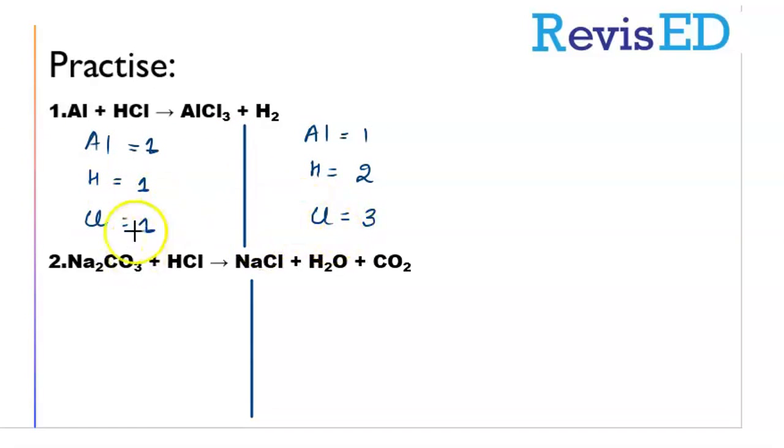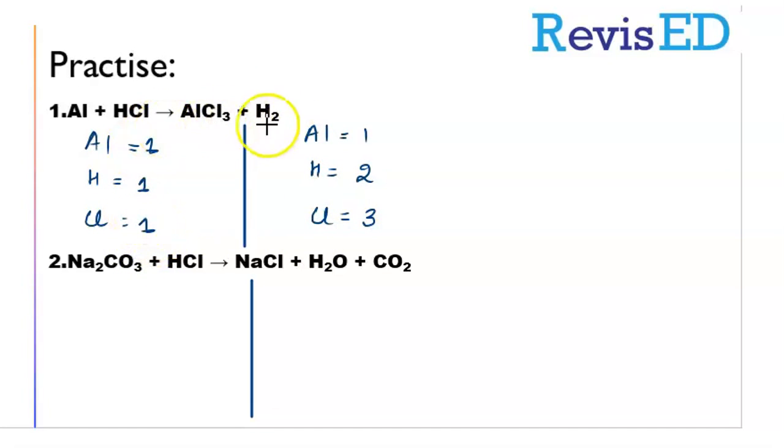We start with chlorine because chlorine is 3, right? If I multiply this by 3, hydrogen will also get 3, but I am also having this. How can I multiply it by 3? If I multiply it by 3, it will get 6, right?